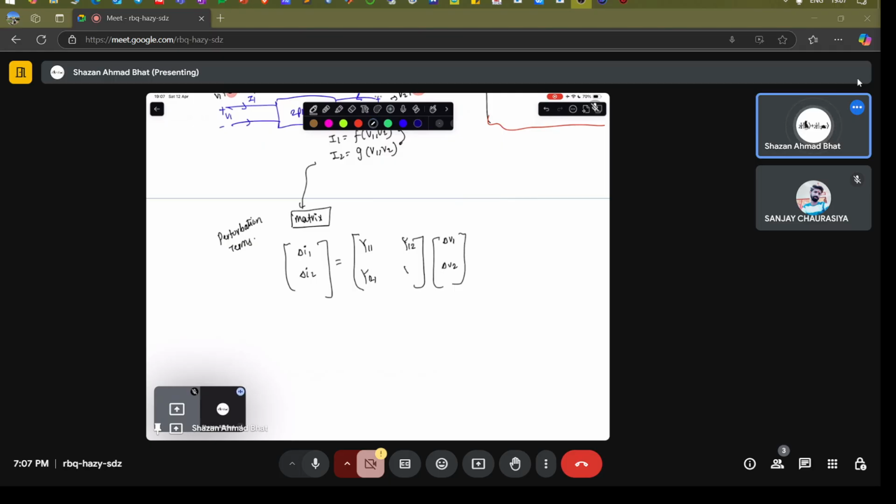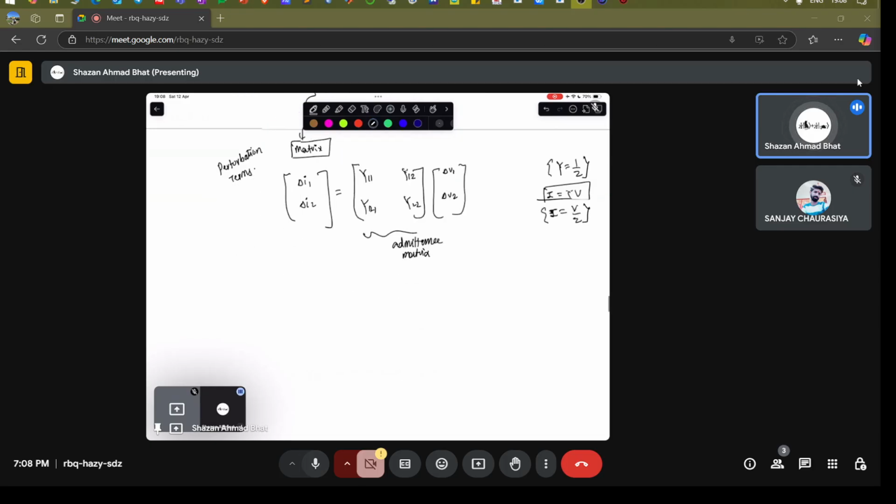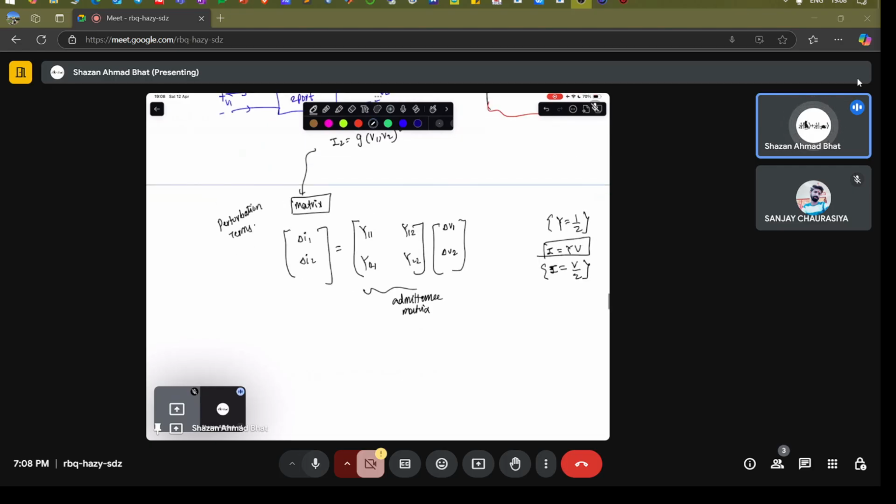the Y matrix here. So this is something called the admittance matrix. Y is the inverse of the impedance. So basically it's like I equals Y times V, which is basically I equals V over Z. This is just like Ohm's law, but in terms of the admittance. Now, what are these small values?